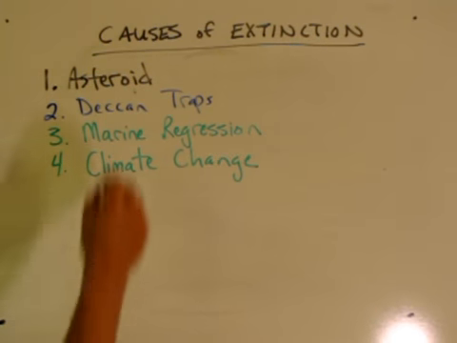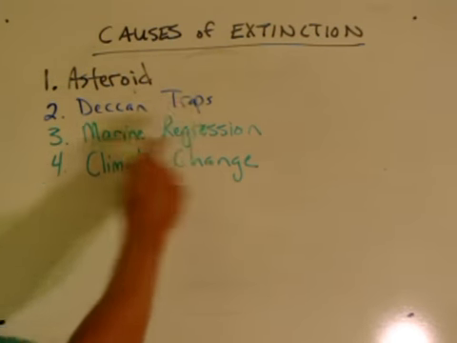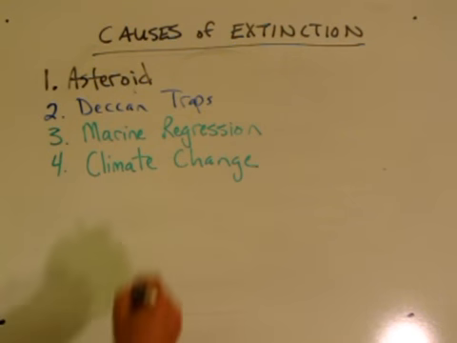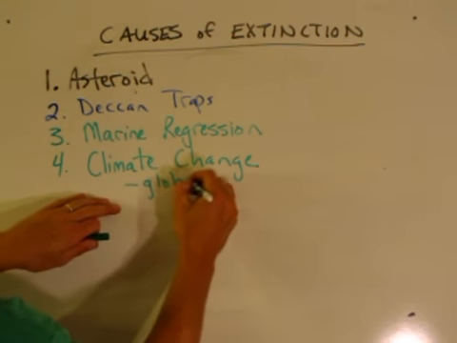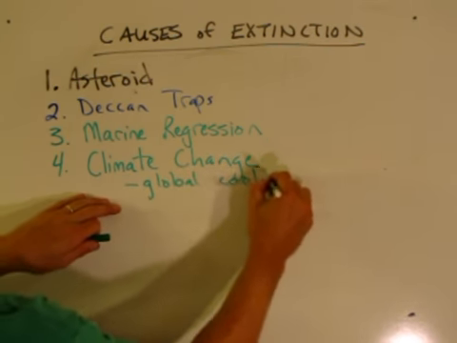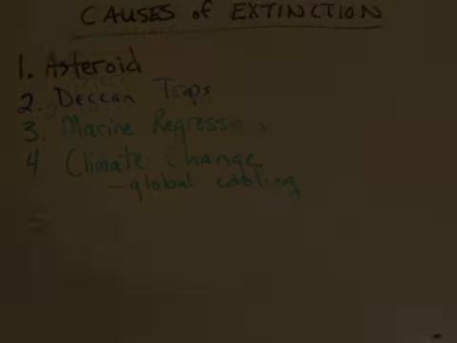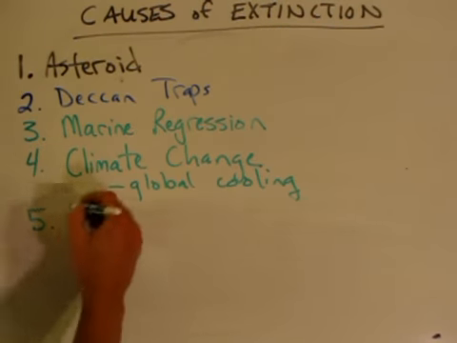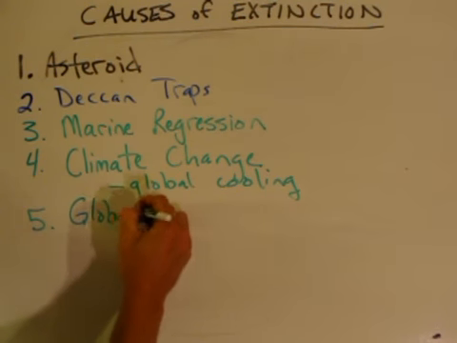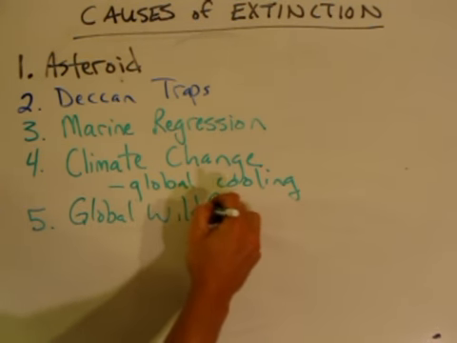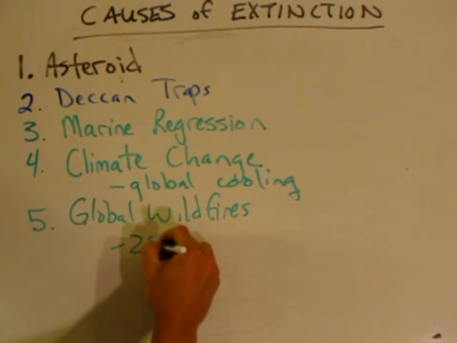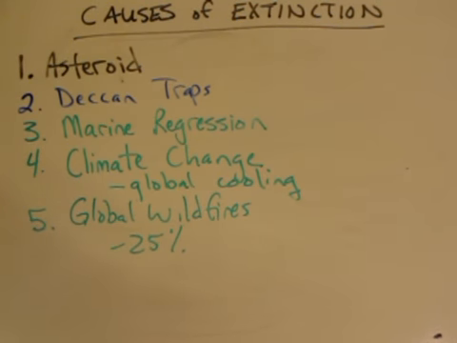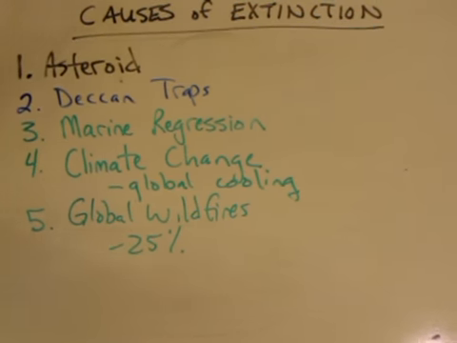Some scientists use a combination of the asteroid impact and the volcanism and led to what's called a global cooling, where dinosaurs would have died out. One final one would be the global wildfires theory, where 25% of all plants in the world would have died out, stressing the dinosaurs and causing extinction.